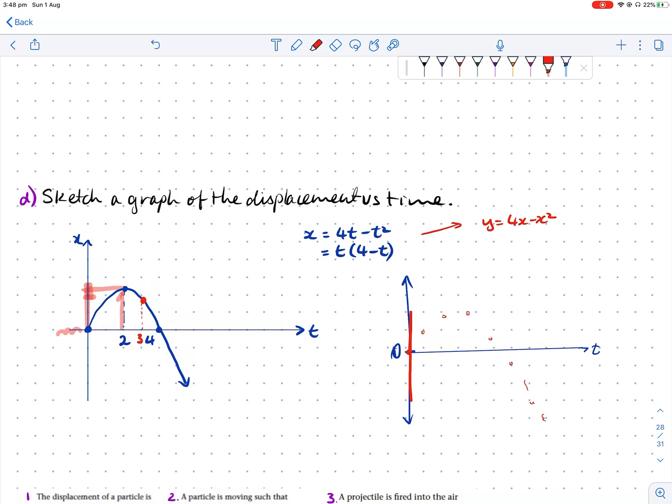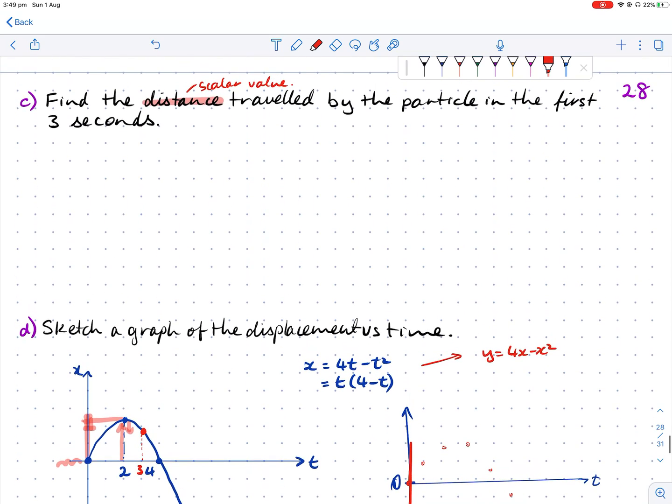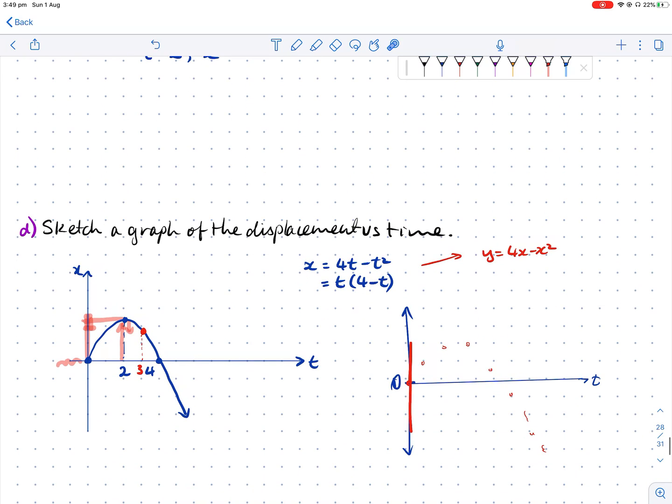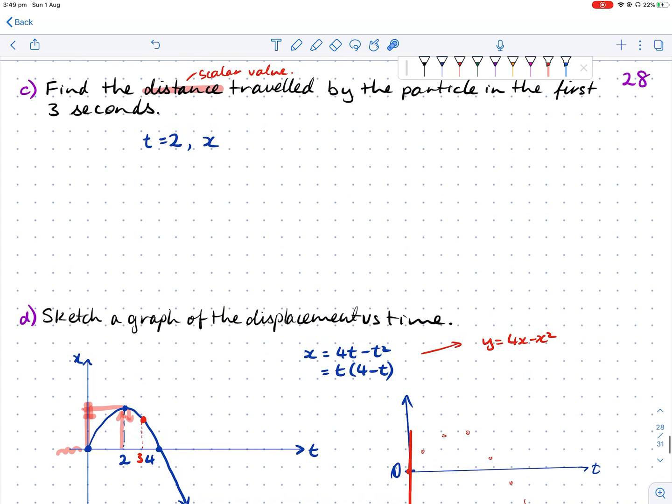So how much is traveled to get up to the highest point, and then we need to work out how much it took to get back down to where it's equal to 3. So when t equals 2, we're going to work out the x value, because that will tell us this vertical height. And then we'll work out what the distance is when t is 3, and then we can work out that difference.